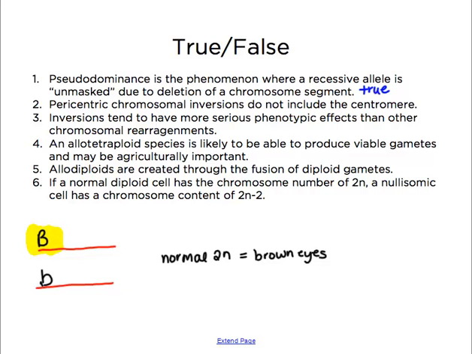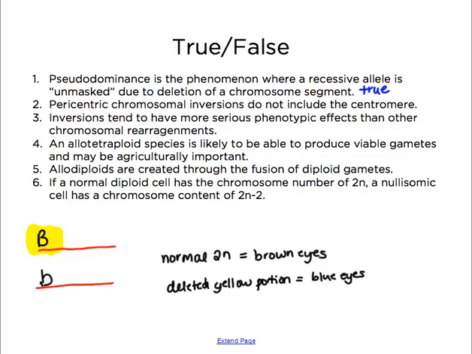So if you deleted the yellow portion, the phenotype of this individual would be blue eyes. So even though in the normal chromosome content this individual has the dominant allele for brown eyes, with a deletion, this recessive allele for blue eyes is unmasked, and therefore the phenotype changes after a deletion.